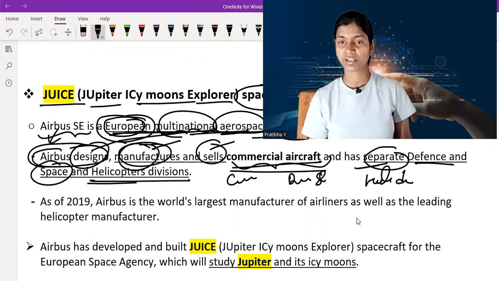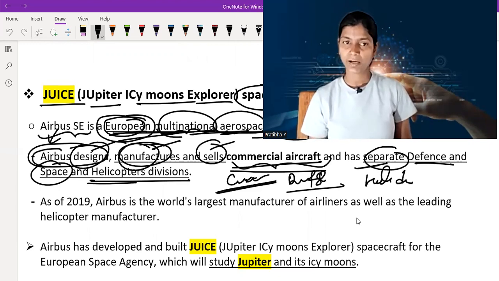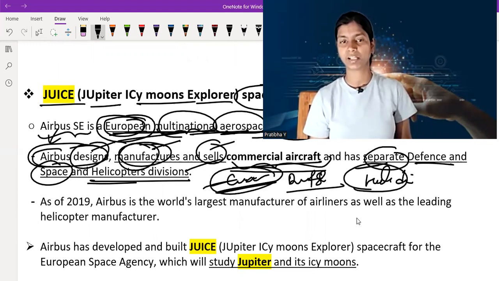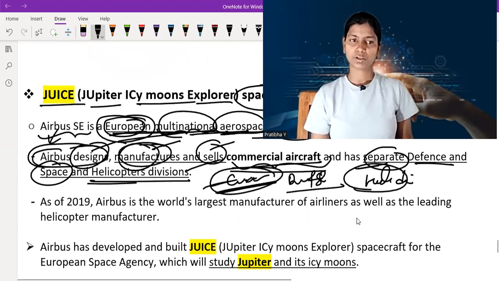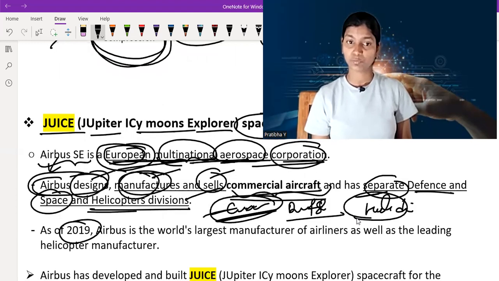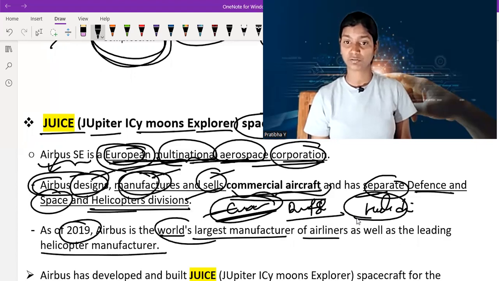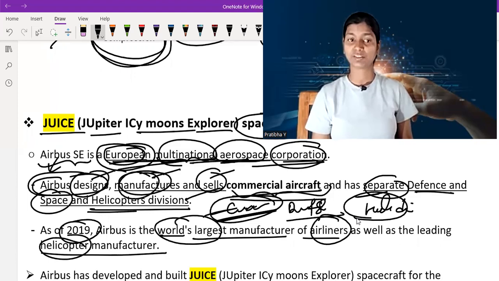As of 2019, Airbus is the world's largest manufacturer of airliners as well as the leading helicopter manufacturer.